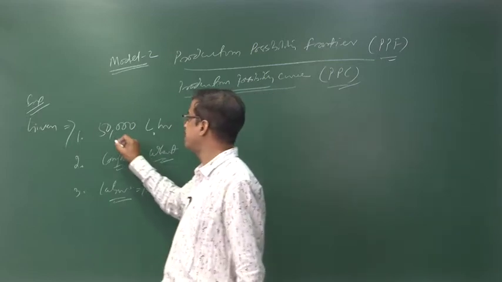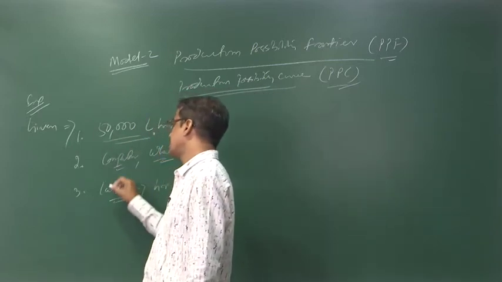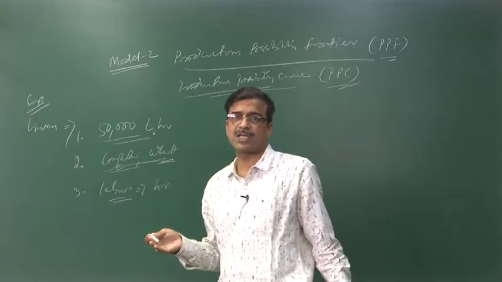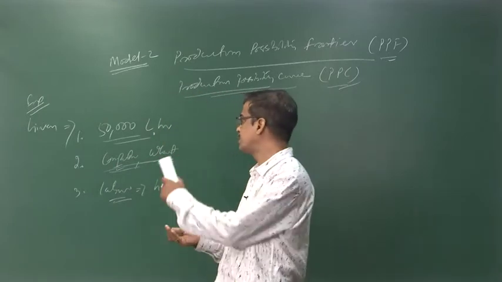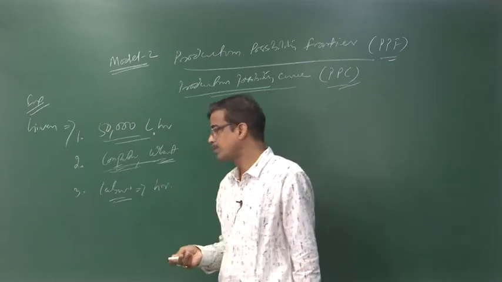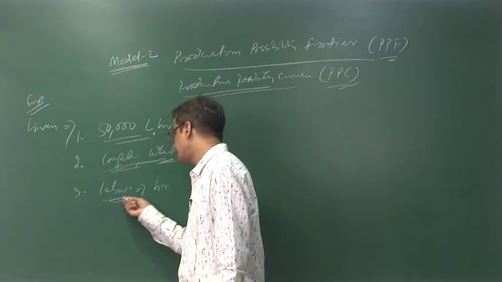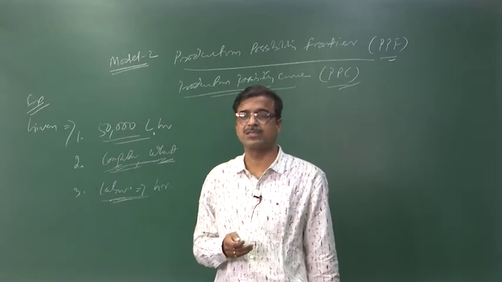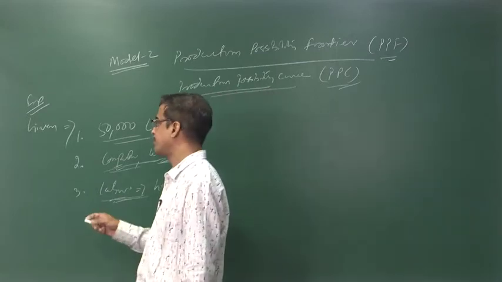We have 50,000 labor hours, and we manufacture the computer as well as the wheat, one a capital good and the other an agricultural good. And we take into account only one type of factor of production in the production process, the labor hour.